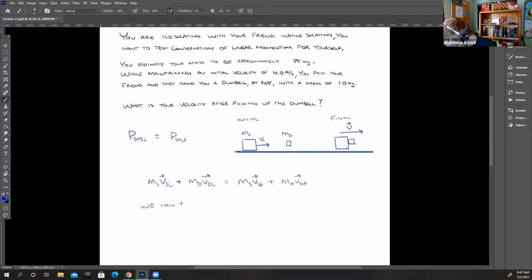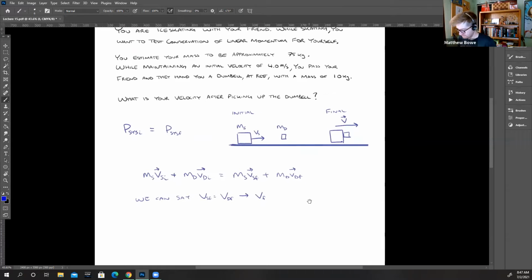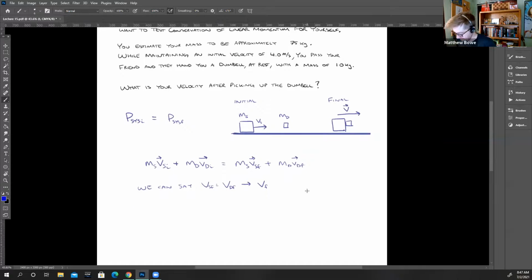So the velocity of the skater final is equal to the velocity of the dumbbell final, and we'll just label that as velocity final, without an index on it. All right.